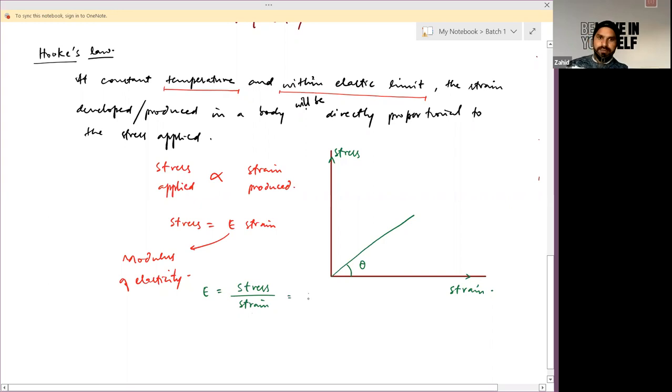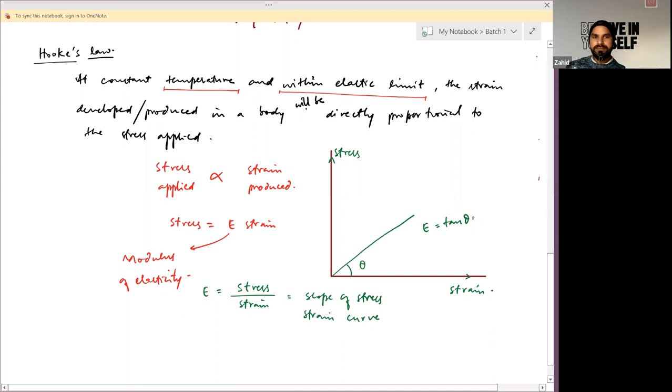So the slope of the stress-strain curve gives you the modulus of elasticity E. It means E equals tan theta.